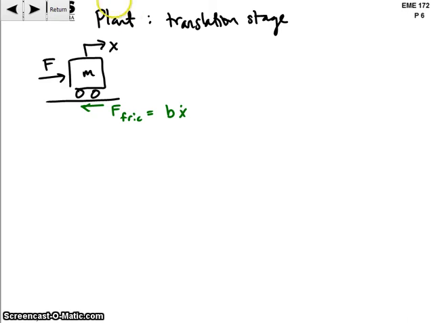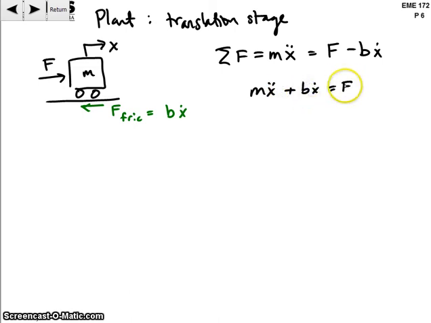Okay? So the equations of motion here are sum of forces is equal to m times acceleration, and so that's equal to the input force minus b times x dot. So it's simple equations.